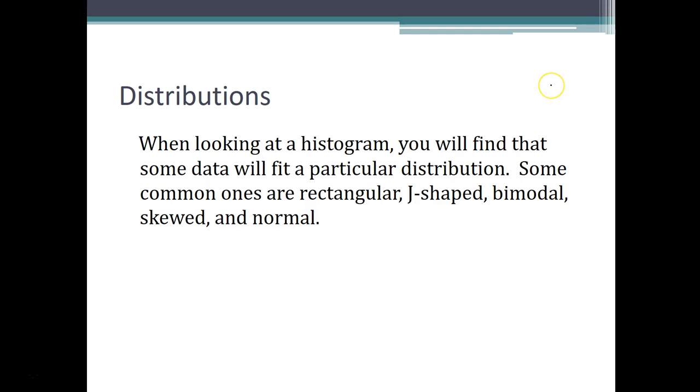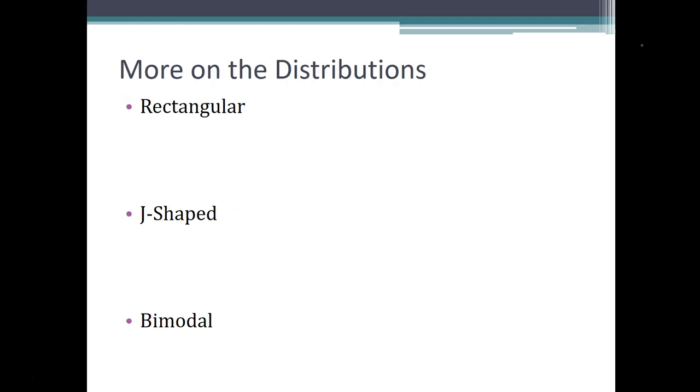There's all kinds of different ones that have names. And we're going to go through some of those and what the shape looks like and where it might come up regularly. All right, first one is something called a rectangular distribution. And it's exactly what it sounds like.